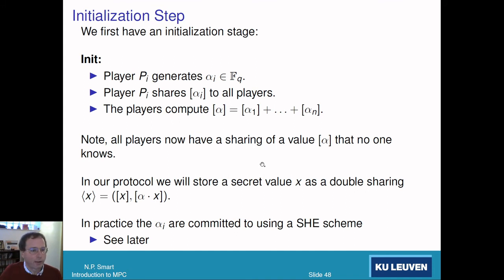But my real sharing is going to be this angle bracket sharing, where I'm going to share a value x and a value alpha times x. So this is a sharing of x and a sharing of the MAC. How the alpha_i are actually committed and operated on is going to be done using a somewhat homomorphic encryption scheme, which we're going to come to much later on. But for the moment, let's not worry about that.